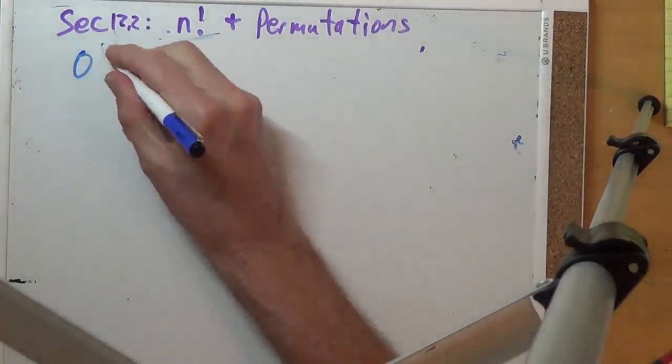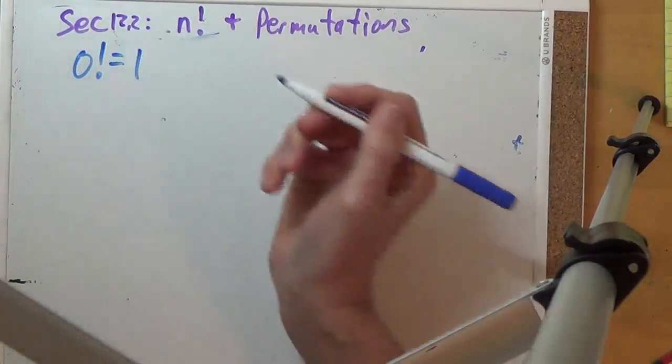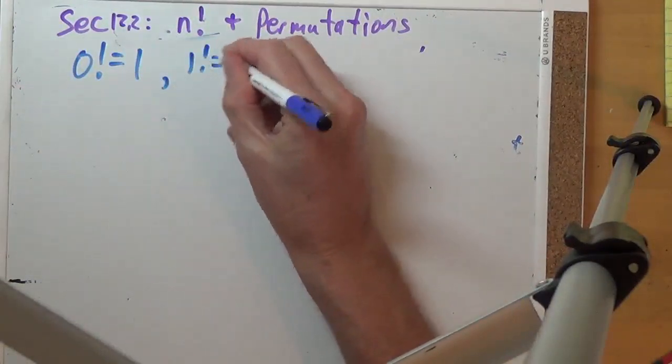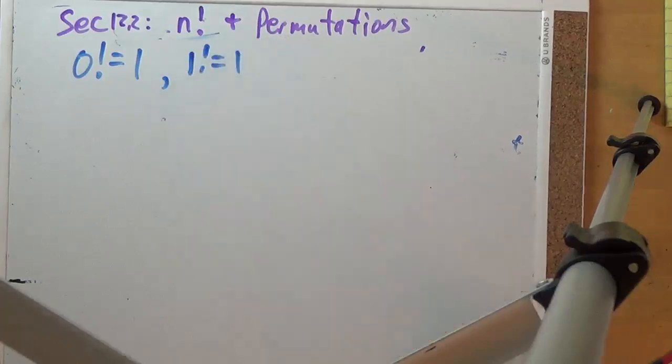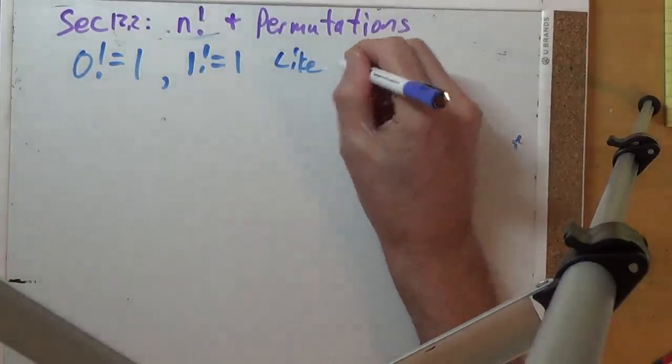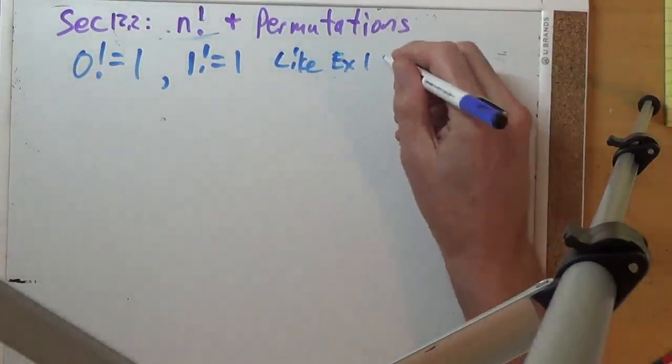By definition, 0 factorial is 1, same as 1 factorial is 1. And it's kind of neat. I'm going to do a problem. This isn't in the book. It's like example 1b.